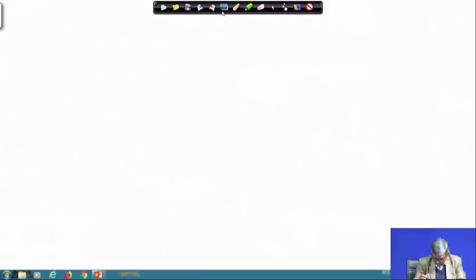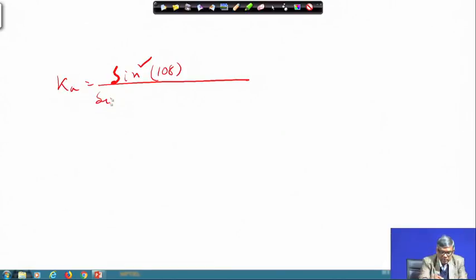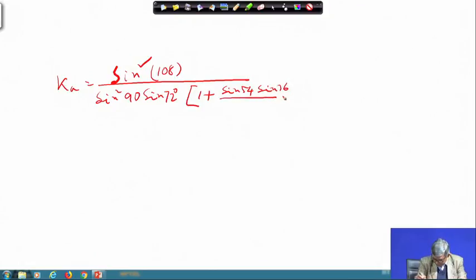It is K A will be equal to sin square 108 divided by sin square 90 sin 72, 1 plus sin 54 multiplied by sin 36 divided by sin 72 and sin 90, this is under root of course, and this is square.